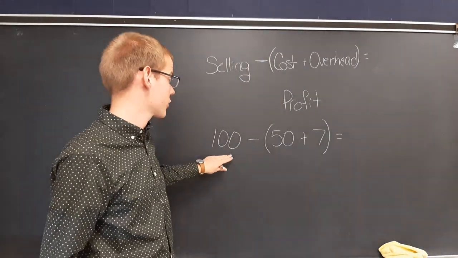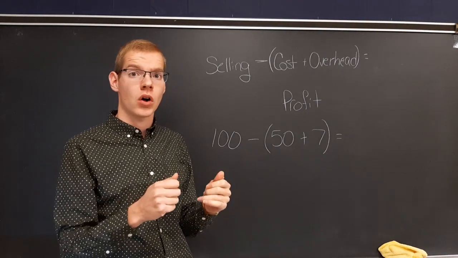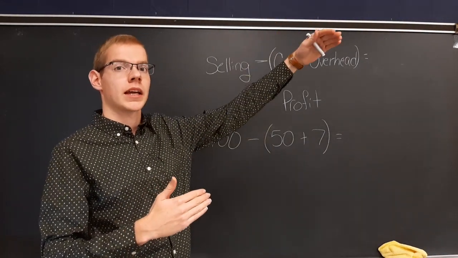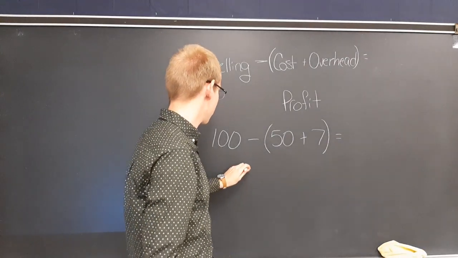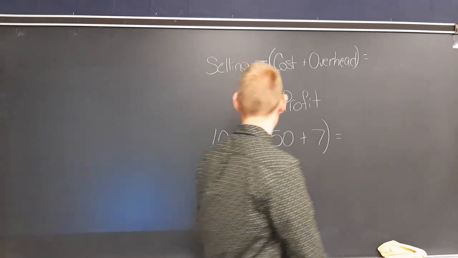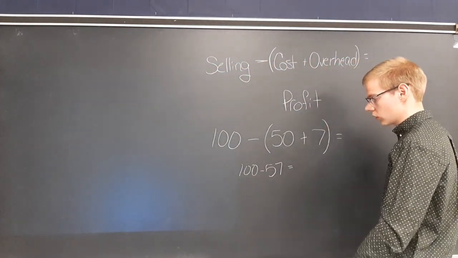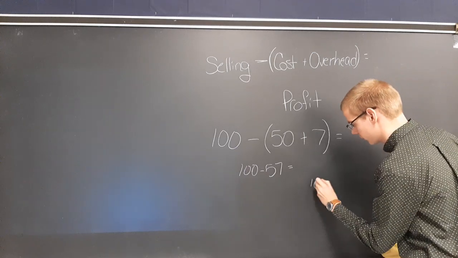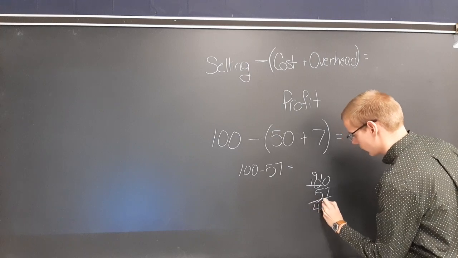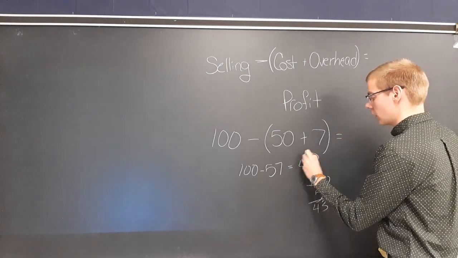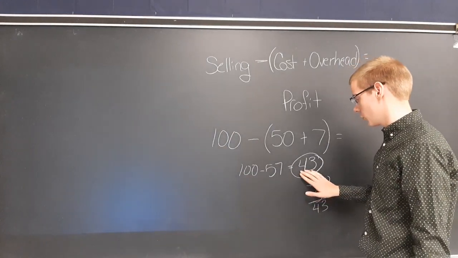Your $100, he gave you your $100, but that's not actually all profit, something you're making. So 57, so you have to take 100 minus 57, which would equal, now what is it? 57. You now made $43. You did not make 100, you made 43.